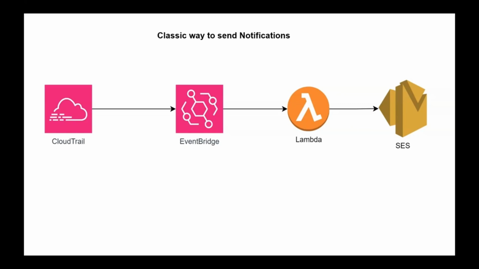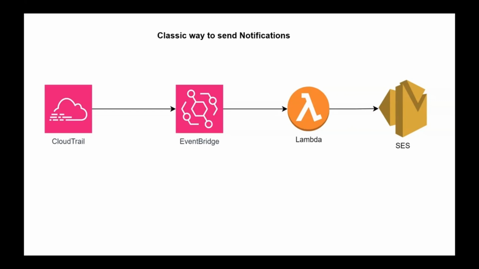One of the classic ways of sending out notifications, and we have implemented this pattern for a lot of customers, is this: the events are captured in CloudTrail, be it GuardDuty, be it AWS Backup, or be it any event for that matter in AWS specifically, it's going to be stored in CloudTrail. Once the event is stored in CloudTrail, EventBridge is a source of information where the event could be captured.